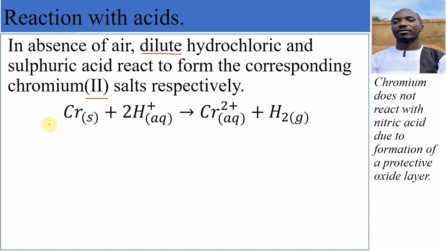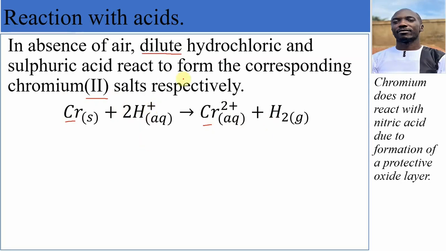So here we have a general equation where we have chromium reacting with dilute acid. That is where we are having the hydrogen ions from the acid. Then we form chromium 2 salt and also hydrogen gas. So you can substitute these hydrogen ions with one of the acids.